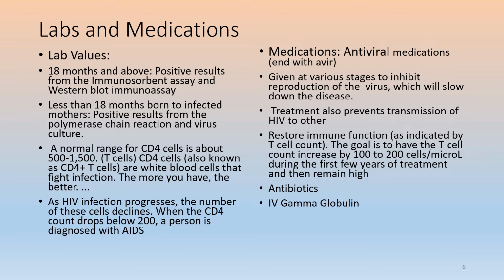So of course we want that as high as possible. But in a child with HIV, as it progresses, the number of these immune cells drops. So when the CD4 or the T cells drop below 200, the child will be diagnosed with AIDS.